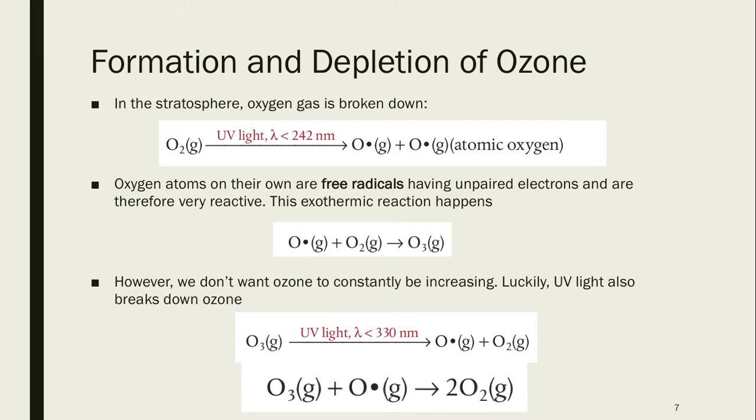So if we have UV light from before, it also can be used to break down ozone, which we can see at the equation, second to last equation on the bottom, where ozone is breaking into an oxygen radical and oxygen gas. Okay, this ozone can also combine with an oxygen radical to create 2 moles of oxygen gas.